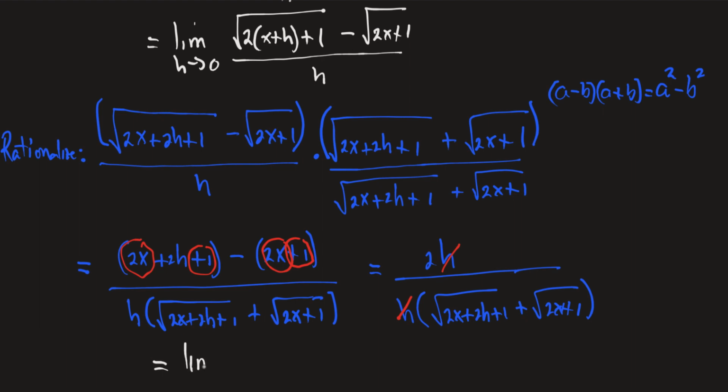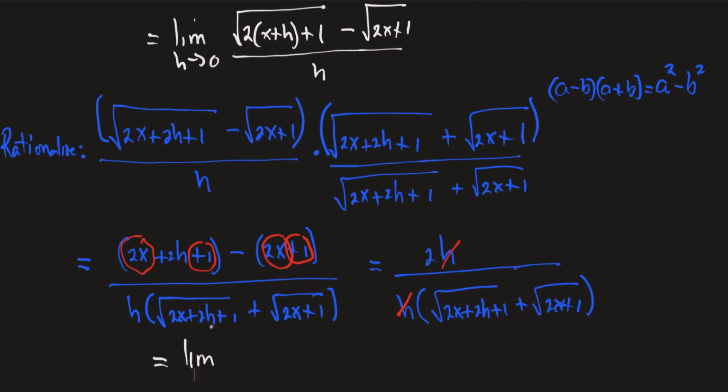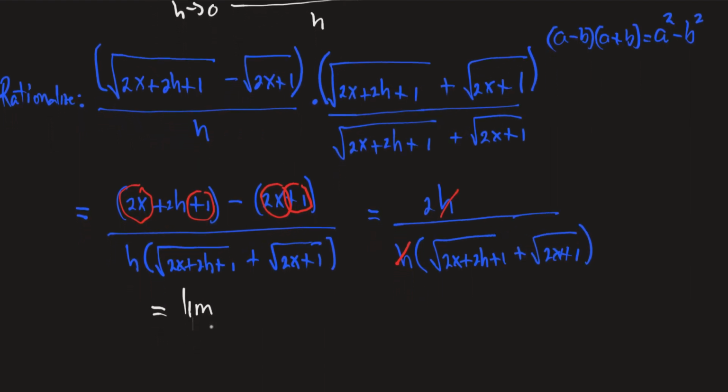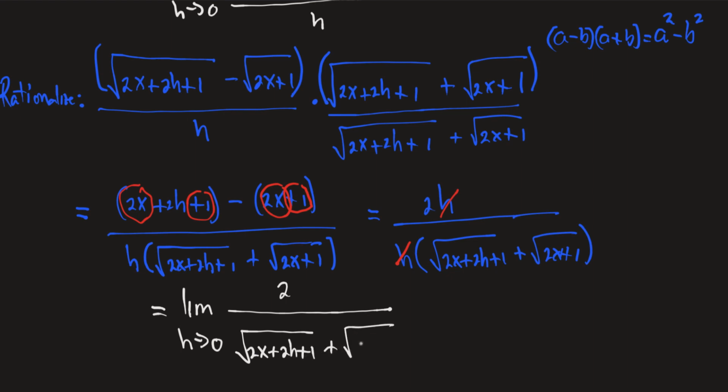So this is the limit as h approaches 0. And now I put this here. So I have 2 over root 2x plus 2h plus 1 plus root 2x plus 1.